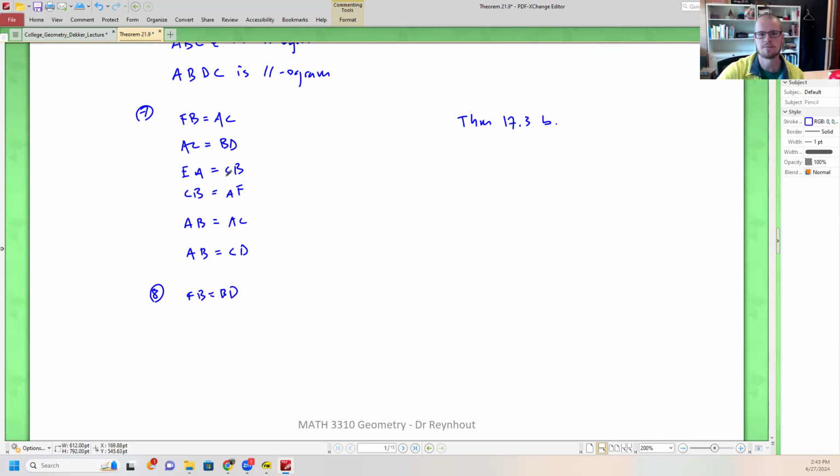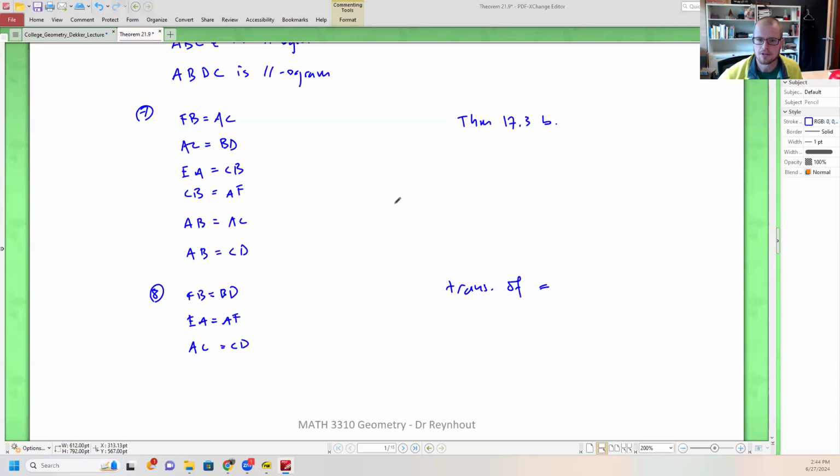FB is equal to BD. EA is equal to AF. And AC is equal to CD. And this is by the transitivity of equality. All right, so we're getting there.